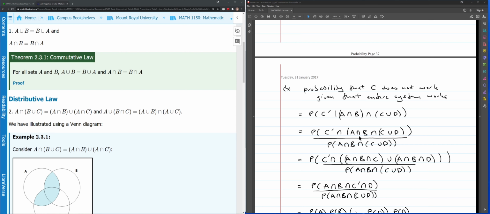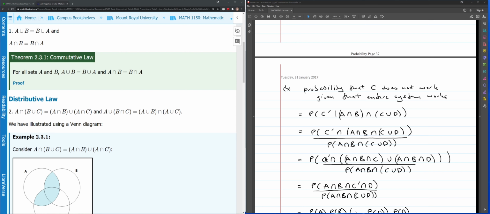So this is (A intersect B intersect C) union (A intersect B intersect D). You're really just grouping A intersect B into one event, intersecting that group with C, and then with D, and taking the union of those.